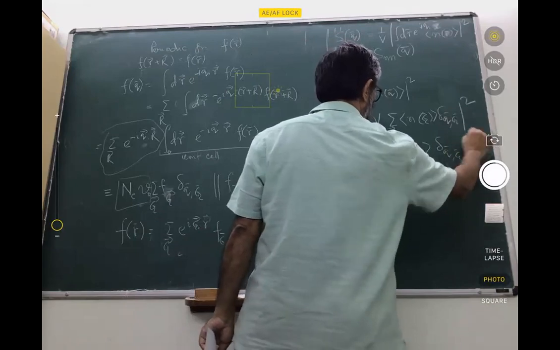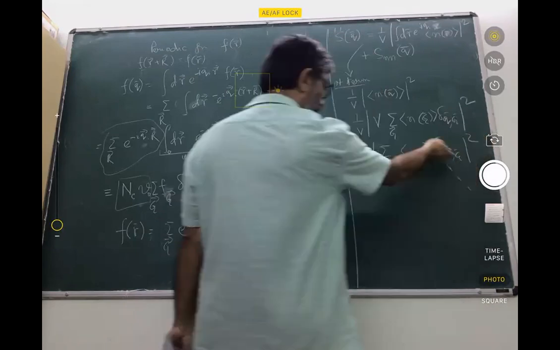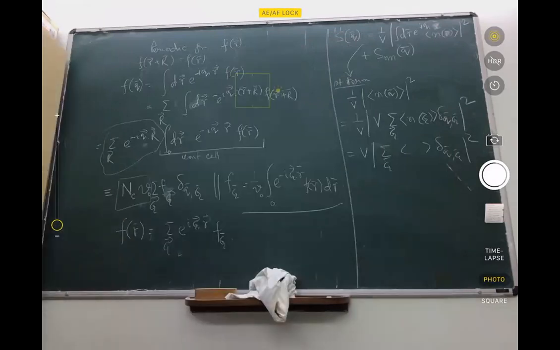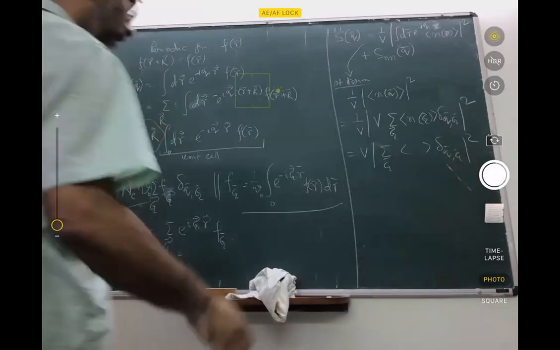And I can replace this delta function with a Dirac delta function with a factor of twice pi to the dimensions.